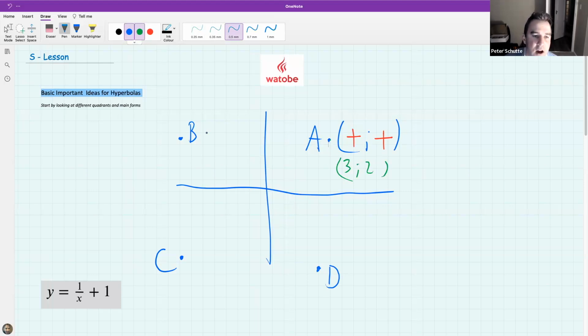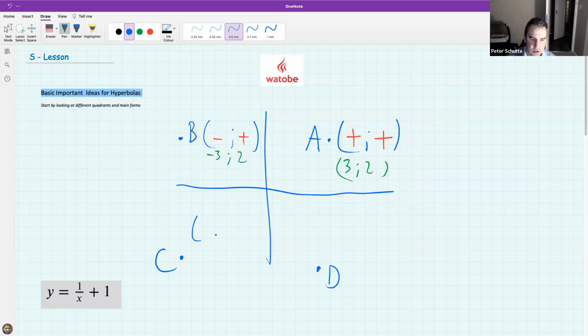I want to know for quadrant B, what are the signs going to be for a point like point B? Put it in the chat. X negative and Y positive. Yes. Okay. So this could be like -3 and 2, possibly, if I'm making something up.